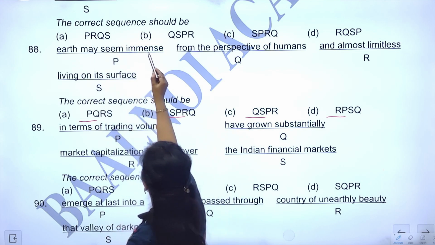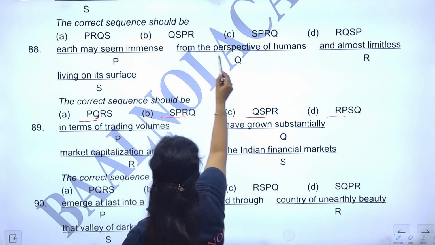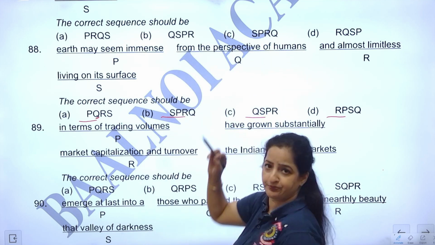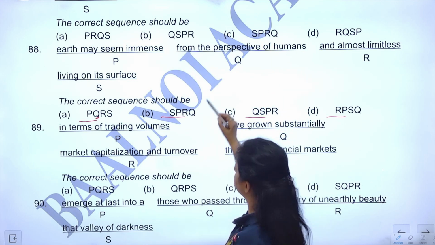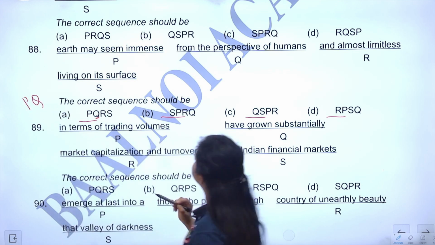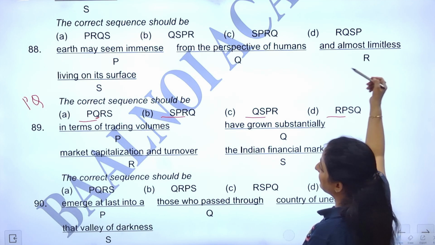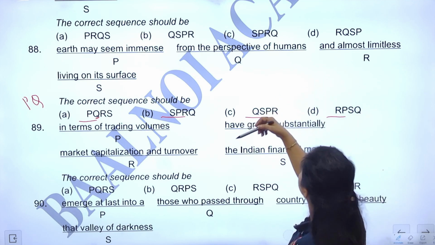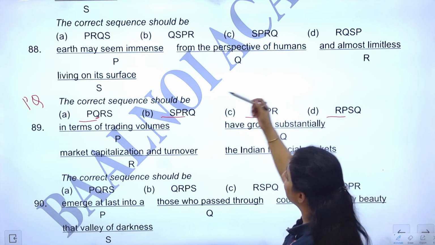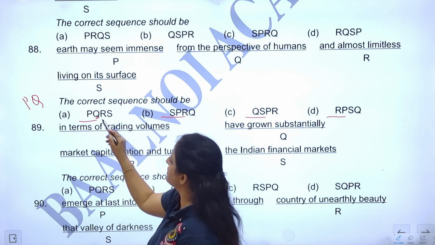Earth may seem immense. Then we have to read Q. Immense from the perspective of humans. Not bad. PQ seems okay. Earth may seem immense from the perspective of humans and almost limitless, living on its surface. This somehow did not connect.